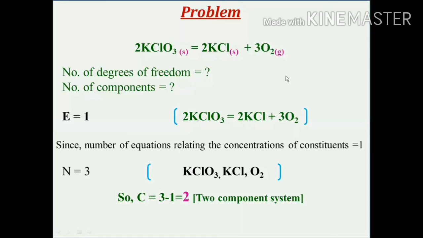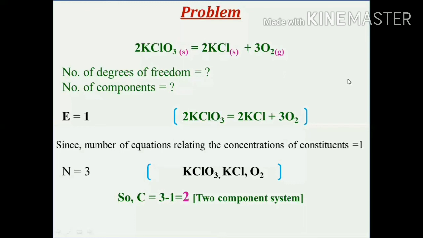So they are mechanically separable, which means they form two different phases. Same is the case here. KClO3 is solid, and KCl is also solid. So these are two different solids, and you know the boundary of each individual solid. KClO3 is a different compound and KCl is a different compound.